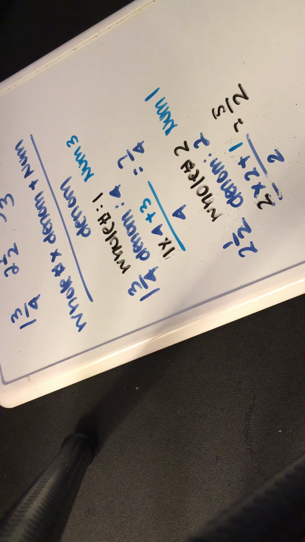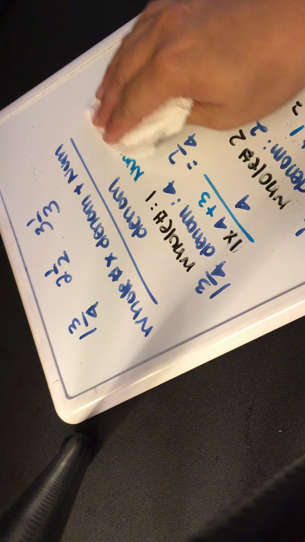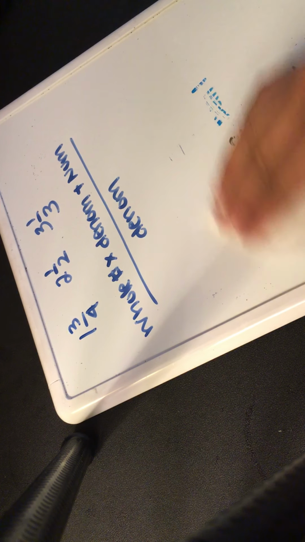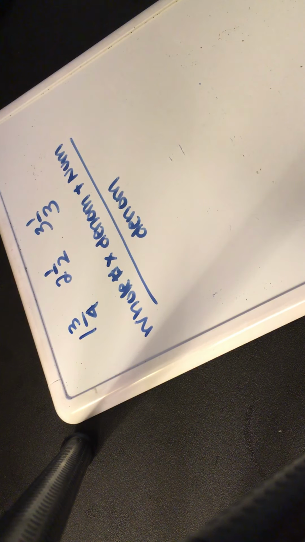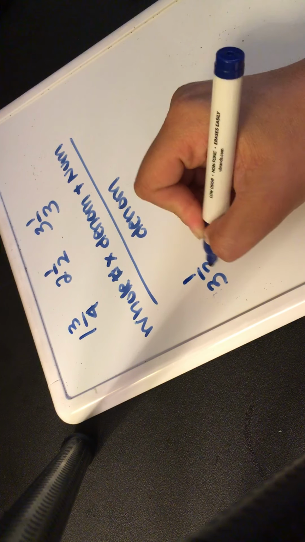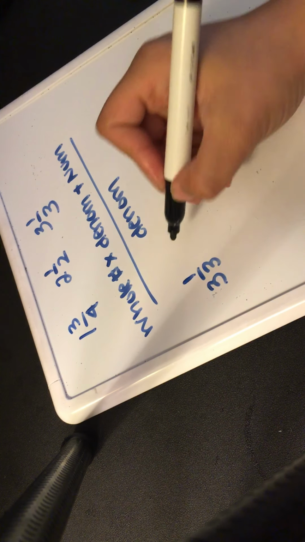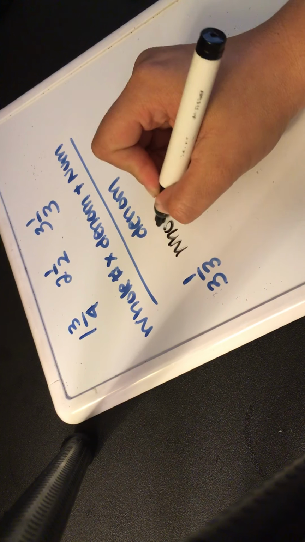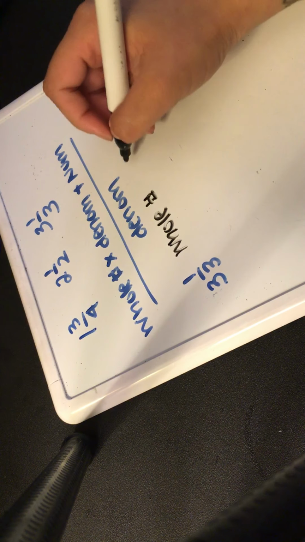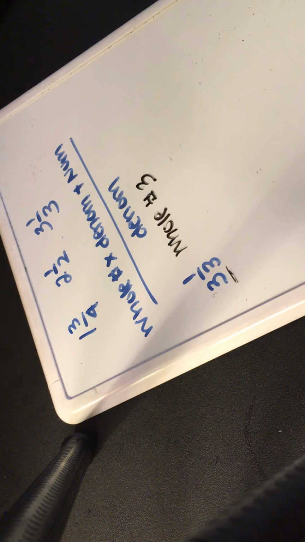And let's do our last fraction, 3 1/3. Our whole number is 3, since this is our whole number right here.